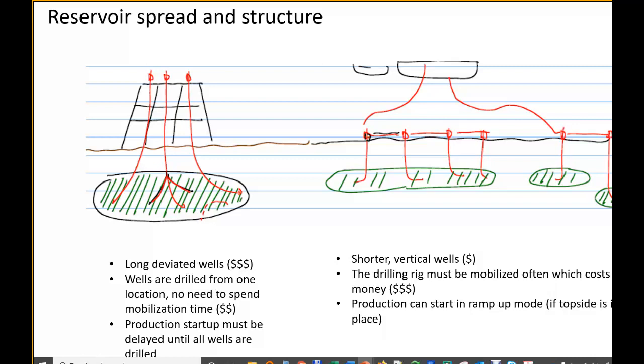Okay, this means that all the wells have almost the same departing point, but they have different targets. That means that wells have to be long and deviated, which adds some cost. But also wells are drilled from one location.